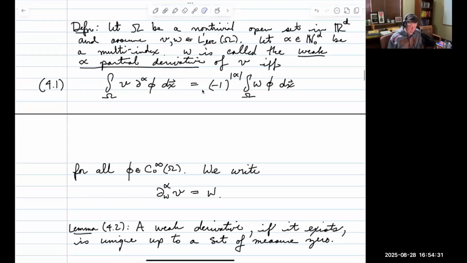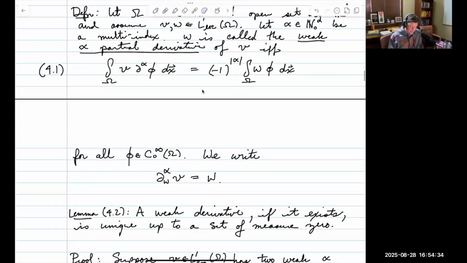And think about it this way. If this function is classically differentiable, now apply integration by parts in multi-D to that function. Then on the right-hand side there would be no boundary integral, because the boundary integral would be determined by the values of phi at the boundary, but phi at the boundary is always going to be 0 because it's a C0 infinity function.